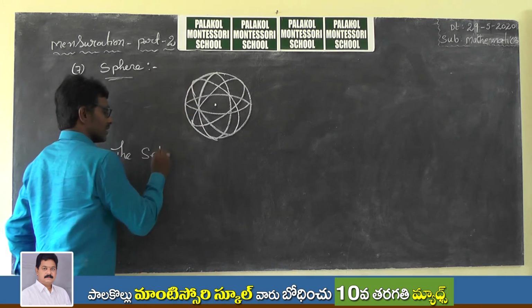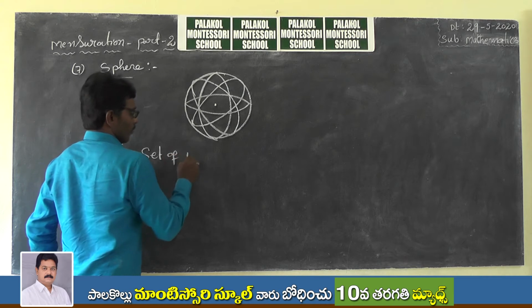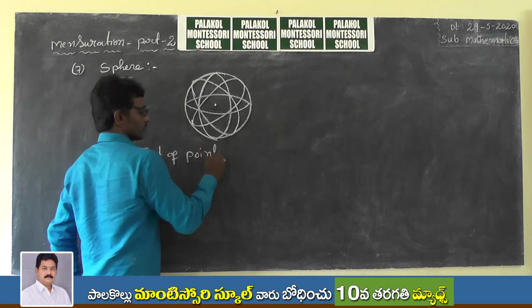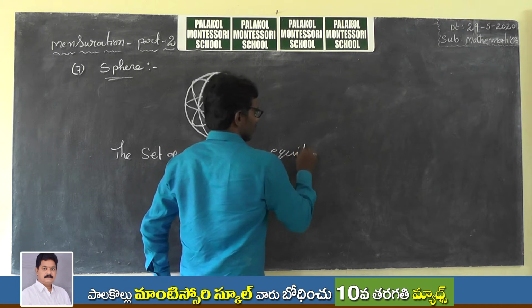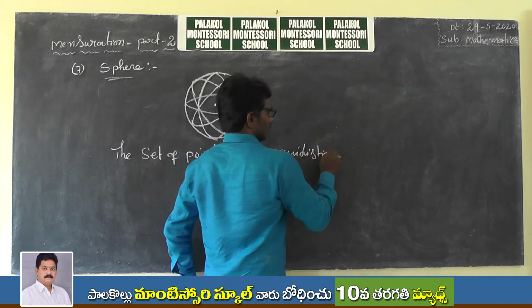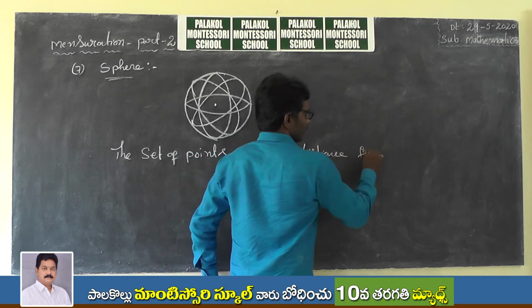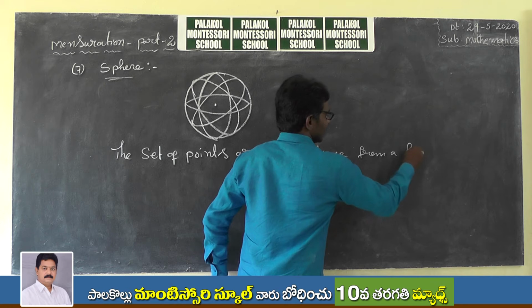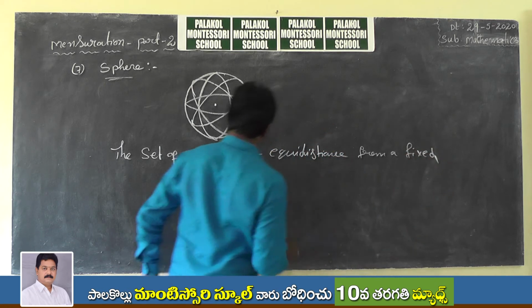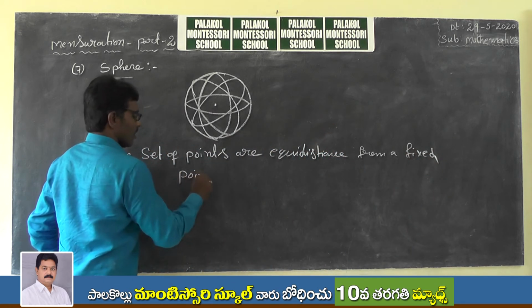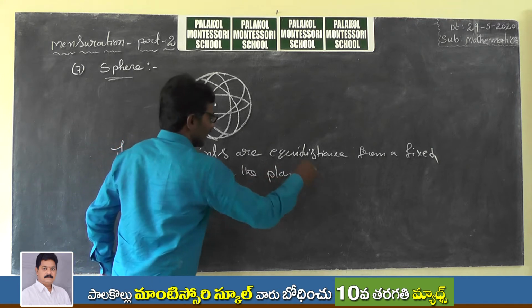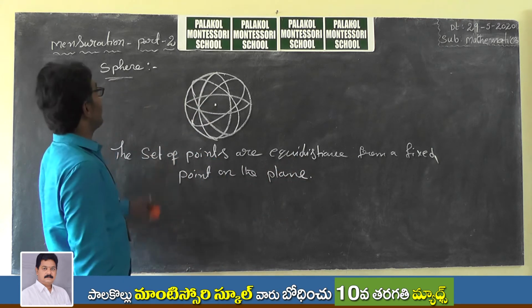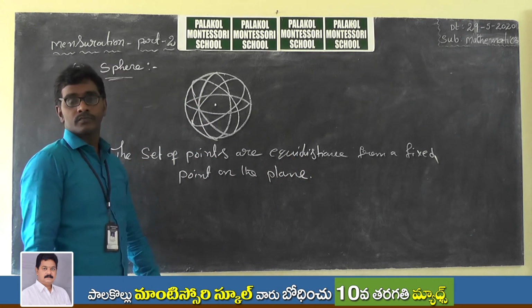The set of points equidistant from a fixed point in space. So that is the definition of the sphere.